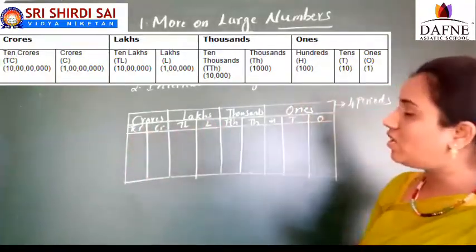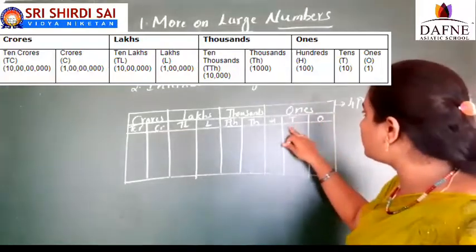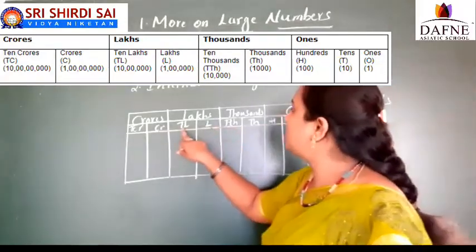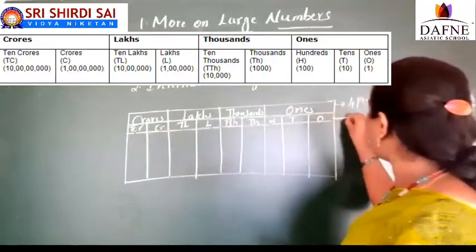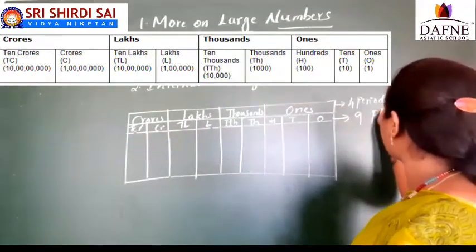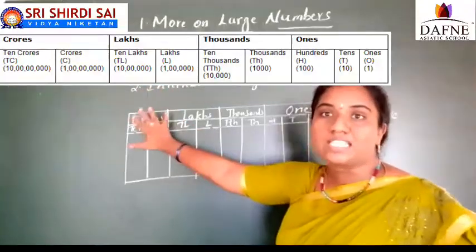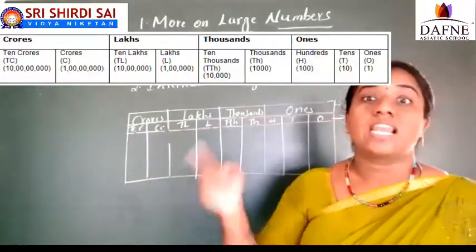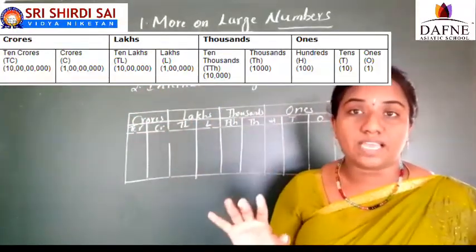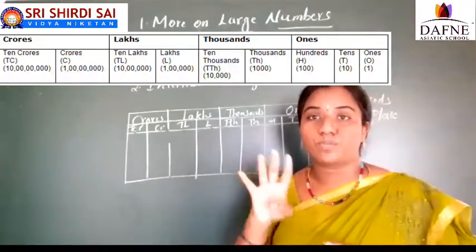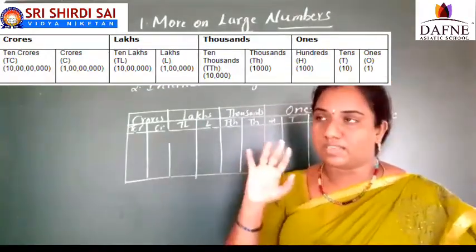Counting the total place values: 1, 2, 3, 4, 5, 6, 7, 8, 9. So the Indian system has 4 periods and 9 place values.